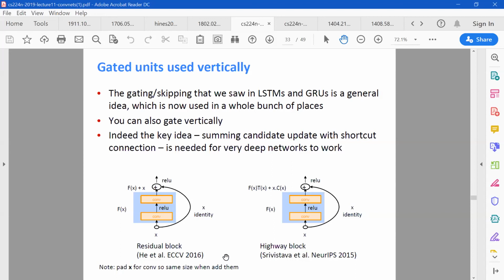So that's called a residual block. And then there's something else called a highway block where you do a similar thing, but instead of just putting this through some layers, you have a final layer where you use another function to map it. I'm not exactly sure what this T of X or what the C of X is, but it's a little more complicated, but it's the same idea as the residual block.